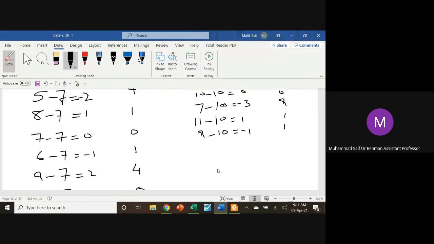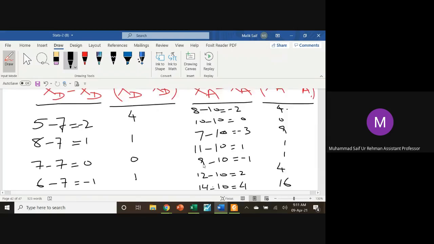Move onward. 12 minus 10, 2, 4. Then there is 14 minus 10, 4, 16. Then 9 minus 10, minus 1 and 1.